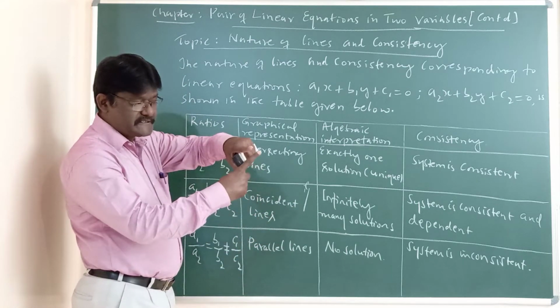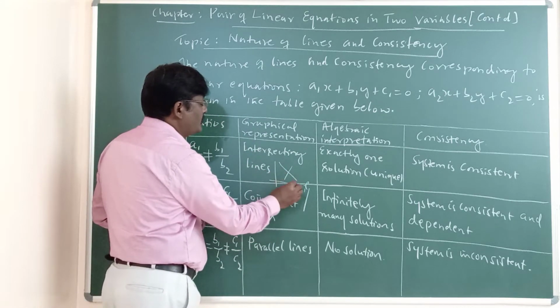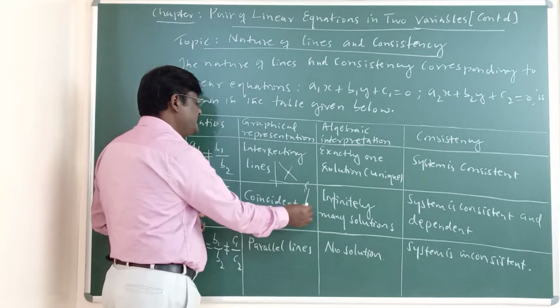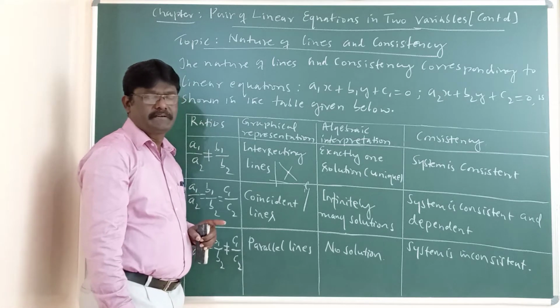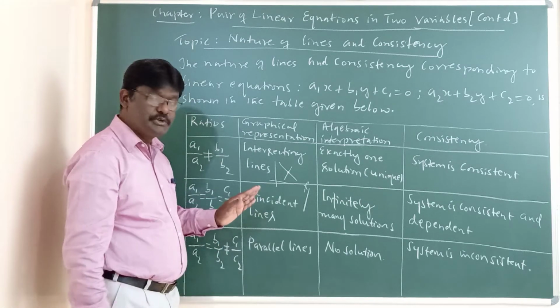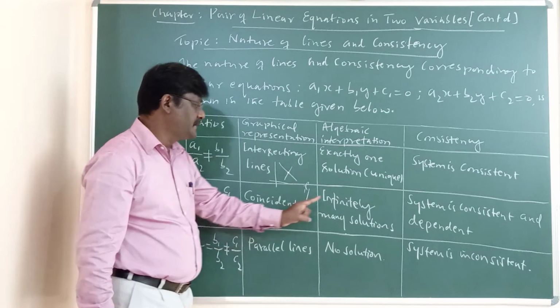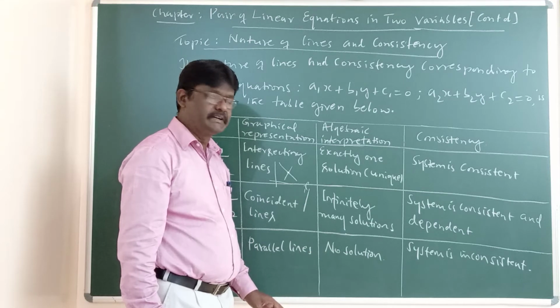If they intersect, we have one unique solution. If they coincide, they share infinite points. That's why the algebraic interpretation for coincident lines is infinitely many solutions. I hope it is clear.